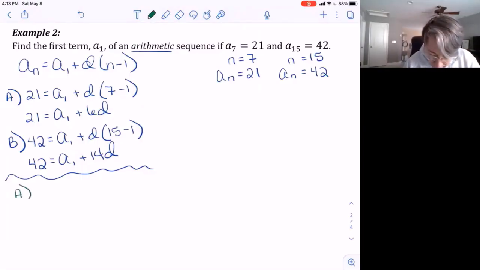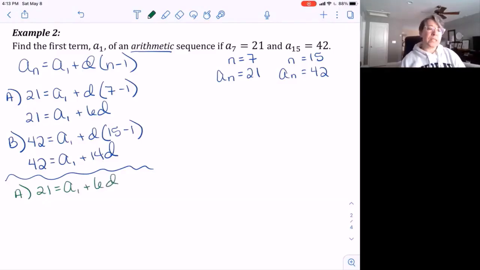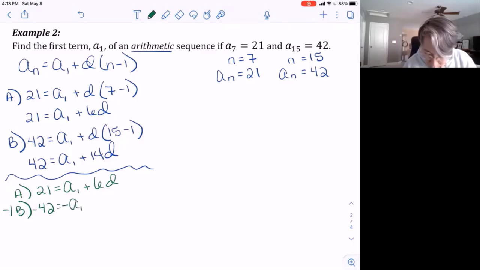So equation A, again, we have 21 equals our first term plus 6d. Equation B looks the same, so we can actually reduce our a sub 1s. If we multiplied equation B by a -1, that would give us -42 equals negative a sub 1 minus 14d.